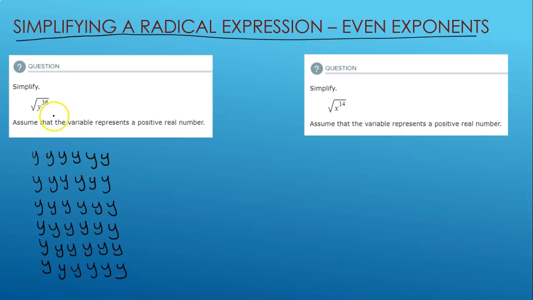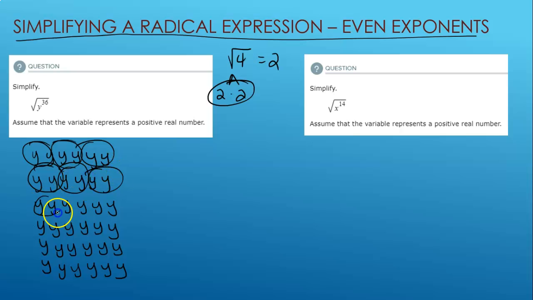Remember, pairs are the perfect squares. So if this were the square root of 4, 4 is 2 times 2. There is a pair of 2's, so that's why the square root of 4 is 2. What I want to think about is how many pairs of y's there are in 36. There's a pair, there's a pair, there's a pair. I'm circling all the pairs. Again, I'm never going to have you do this in real life, I promise.